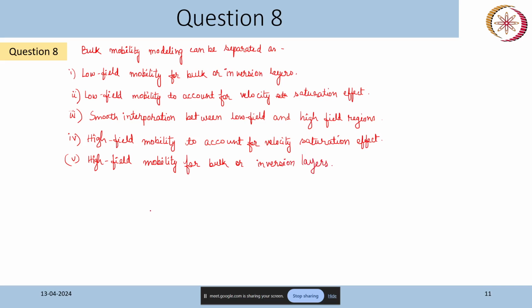Now again, few of these statements are correct here. So the options are: only statement 1, 2 and 3 are true. Next option is only statement 1, 3 and 4 are true.